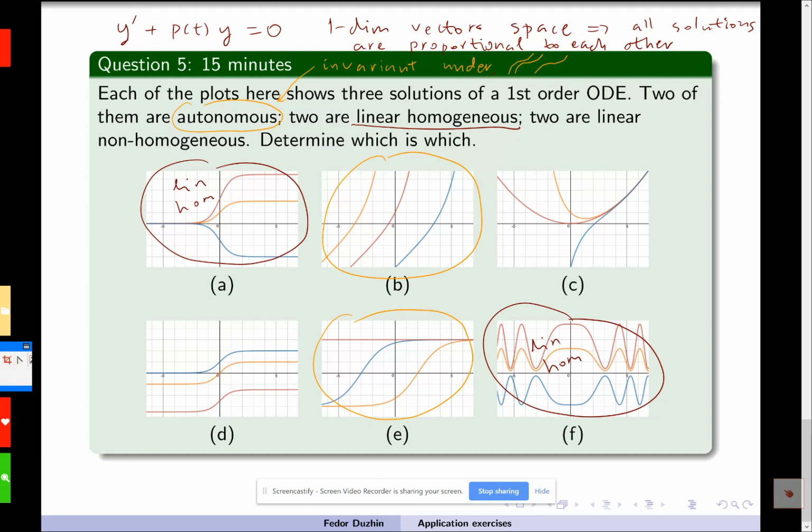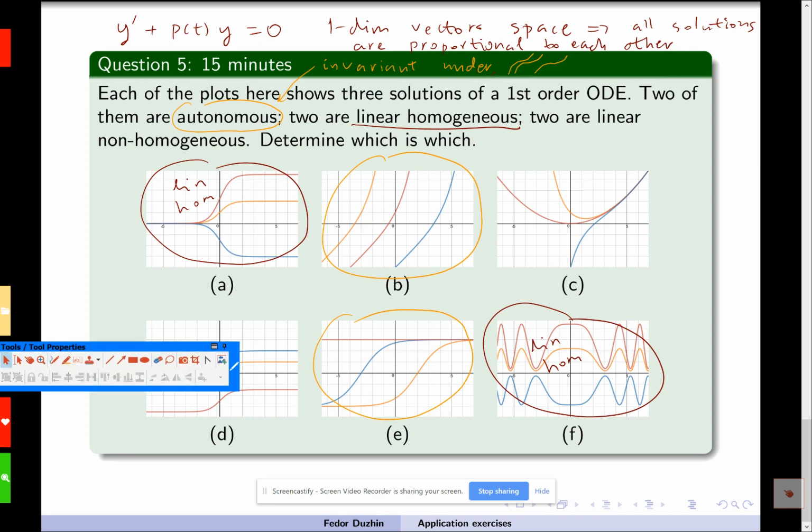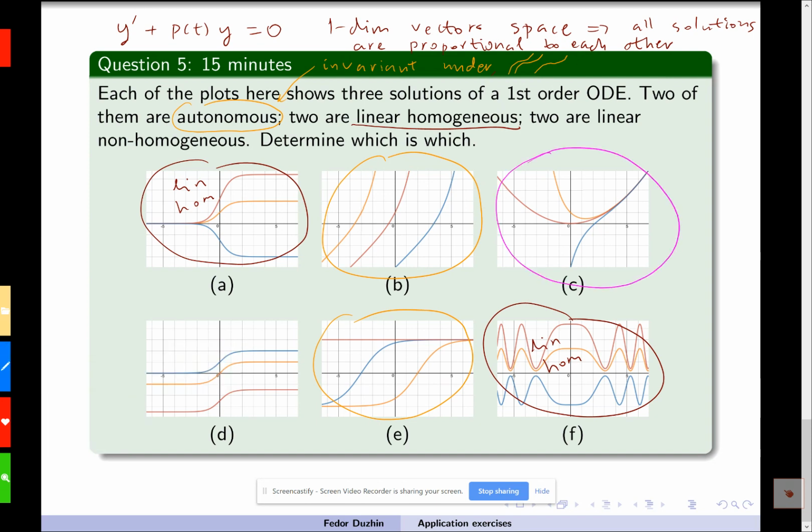Which means that the remaining two, C and D, are linear non-homogeneous.